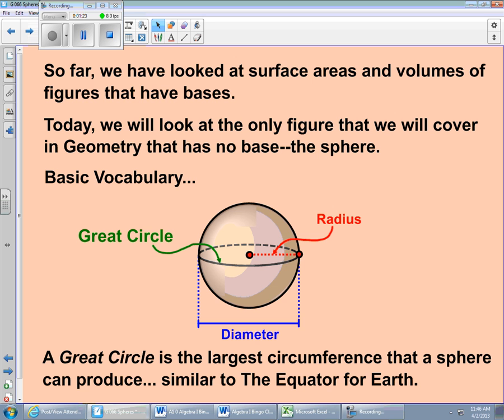But for each individual sphere, the great circle is the largest circumference that the figure can produce. To put it into everyday terms, if you think about the equator of the Earth, the equator is, for all intents and purposes, the great circle. It is the widest across that the Earth will be.